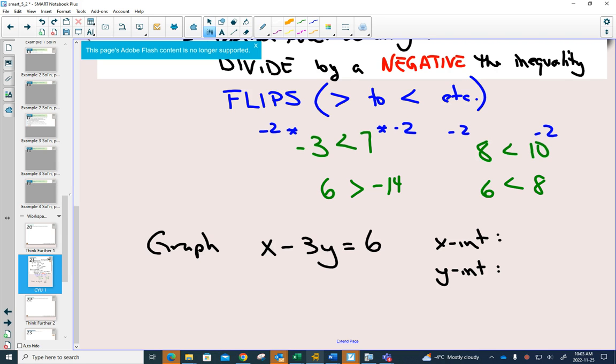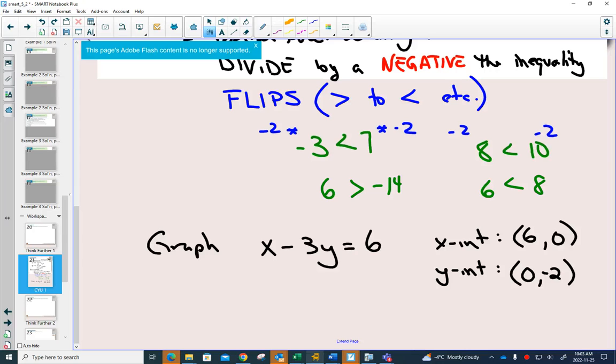How do you find an x-intercept? Your y value is 0. How do you find a y-intercept? Your x value is 0. So if I plug in 0 for y, it's really easy mental math to figure out my x-intercept is 6. If I plug in 0 for x, I get negative 3y equals 6. I'd have to divide by negative 3.